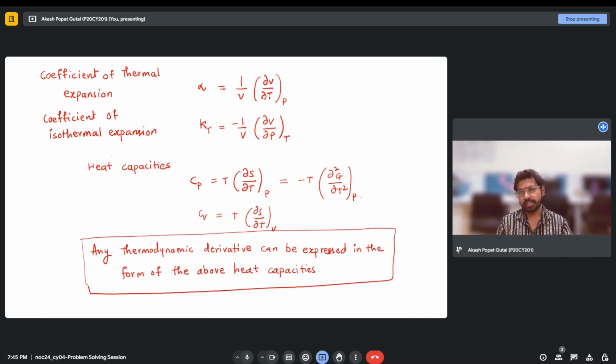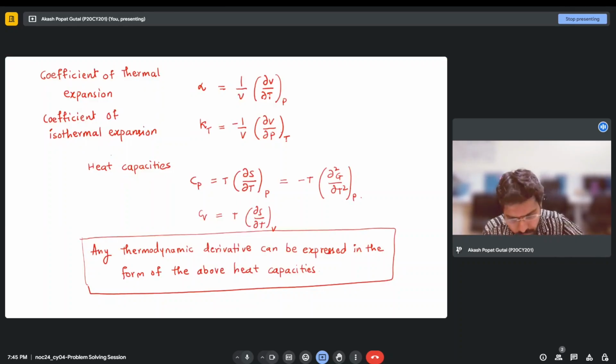Then we defined the important coefficient of thermal expansion, coefficient of isothermal expansion, and important equations related to Cp and Cv. So this we have seen in the 11th week.